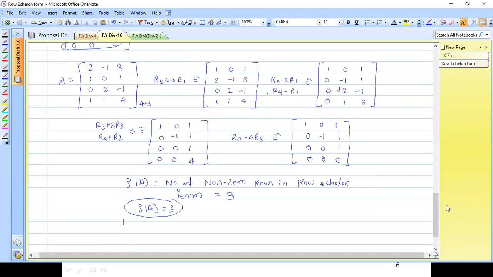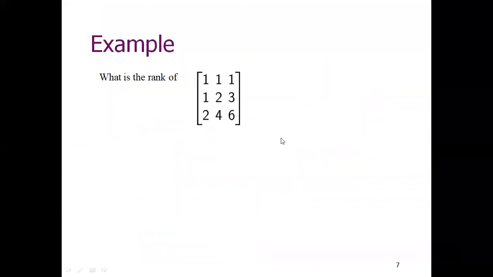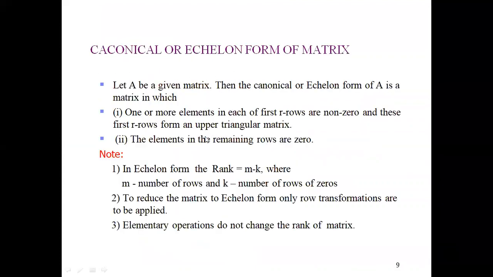Now see, in MCQ, here I am saying the number of non-zero rows. In MCQ, we may ask some slightly tricky ones. How tricky? See how I am going to ask it. Let A be a given matrix, which may be a square matrix or a rectangular matrix.